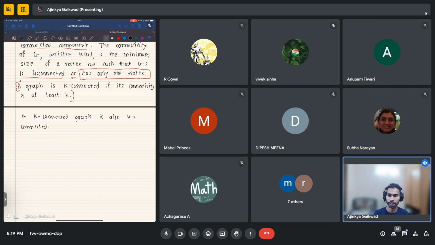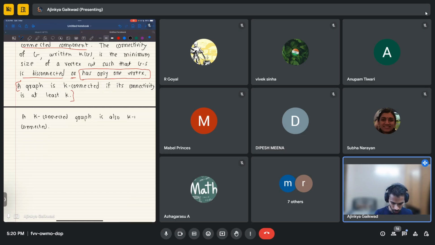This is a simple statement because if a graph is k connected, what it means is that if I remove any k minus 1 vertices, the graph still remains connected. Now clearly such a graph will be k minus 1 connected. Why? Because I'm only allowed to remove k minus 2 vertices. If I'm not able to break the graph using k minus 1 vertices, clearly I won't be able to do it using k minus 2 or fewer vertices.